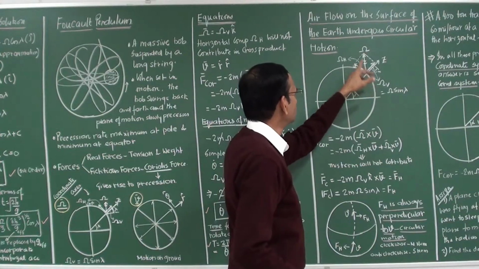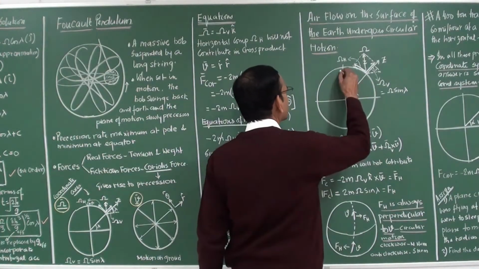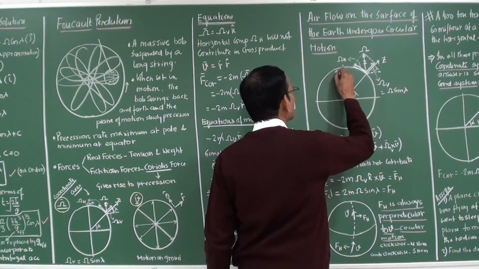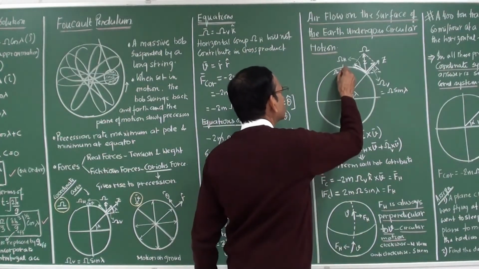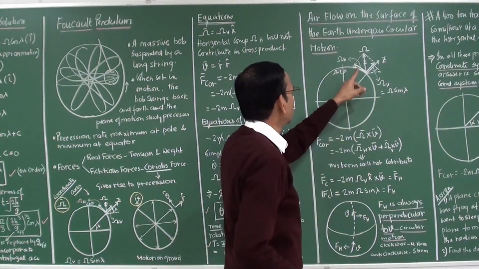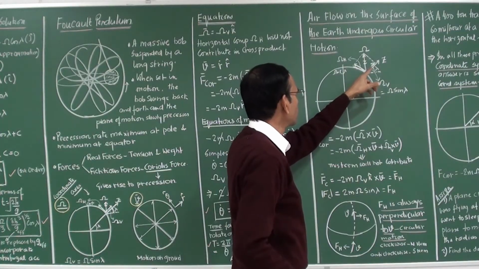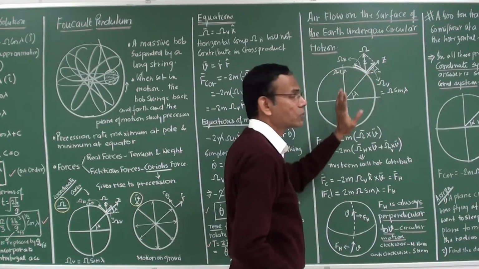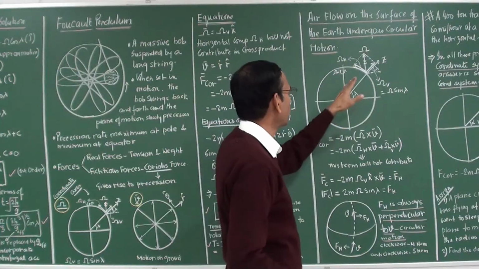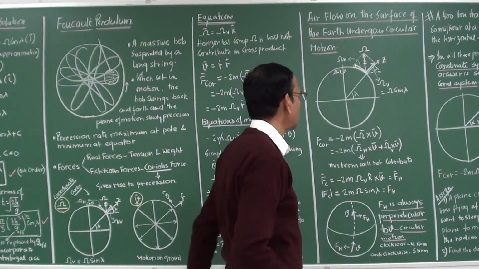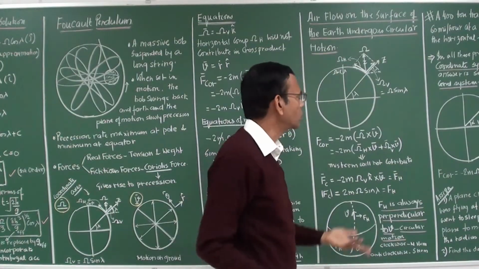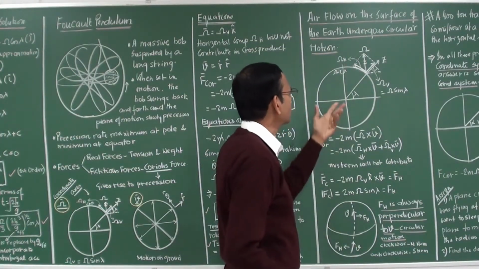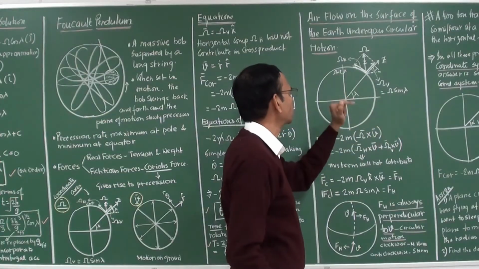So again omega, and you can resolve omega into components. First of all you have to choose a coordinate system, that is your z axis outward. This axis you can choose as usual your y axis, but presently there is no need for it, so we have not written it.